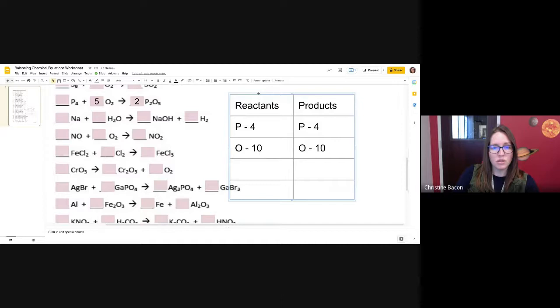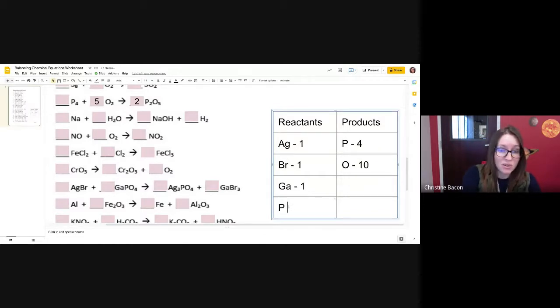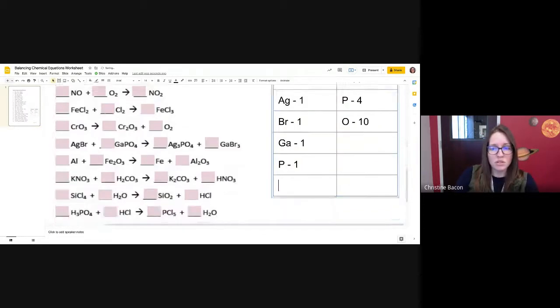Let's do this one. In this reaction, we have gold, Ag. We only have one of them in the reactants. We also have bromine, one of those. We have gallium, one of those. We have phosphorus, one of those.